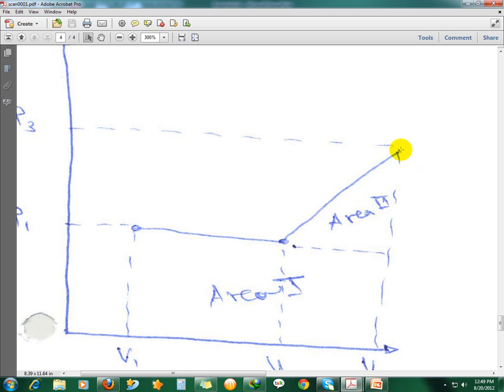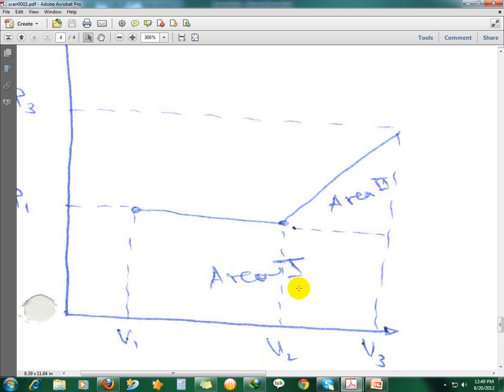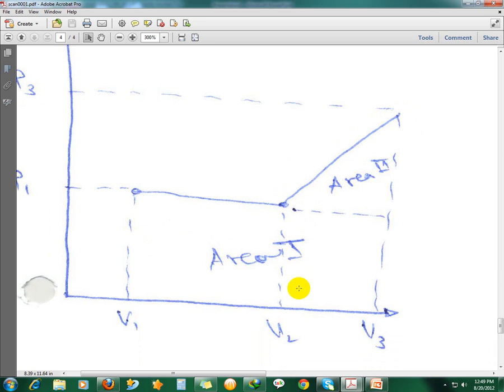Then the work done during this process is the area under this process curve from stage 1 up to 3.